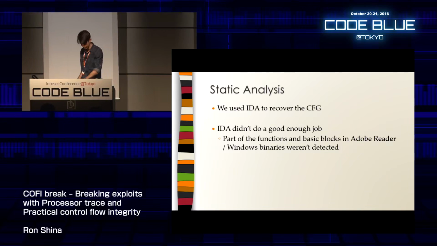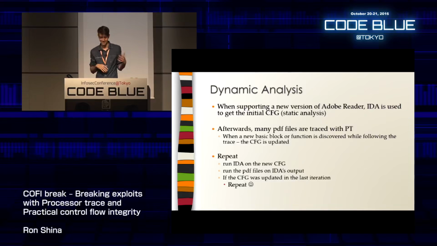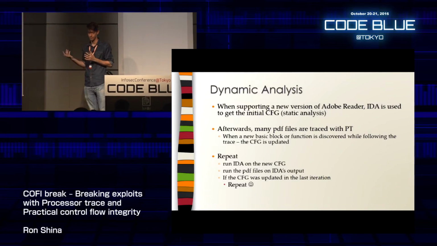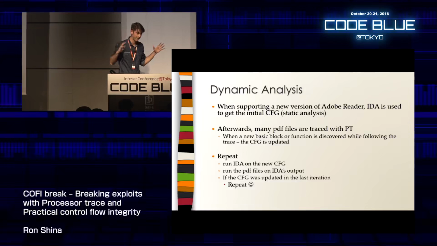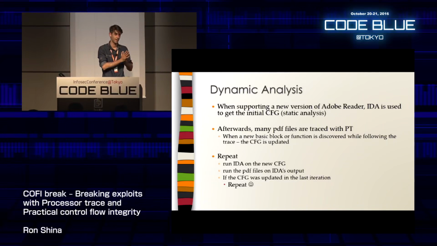So we took the control flow graph from static analysis, and we also did dynamic analysis, running many benign PDF files and going over the trace. And when we had to update our control flow graph, we just did that. In the end, we had our CFG for, say, a certain version of Adobe Reader on a certain version of Windows.